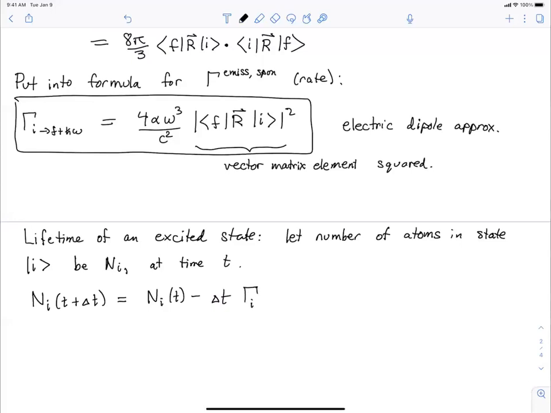But that's the rate for one atom to transition, and therefore we have to multiply by the number of atoms there are, which is n sub I. And this gamma here, it's important, is going to be the sum over all final states of the individual rates.